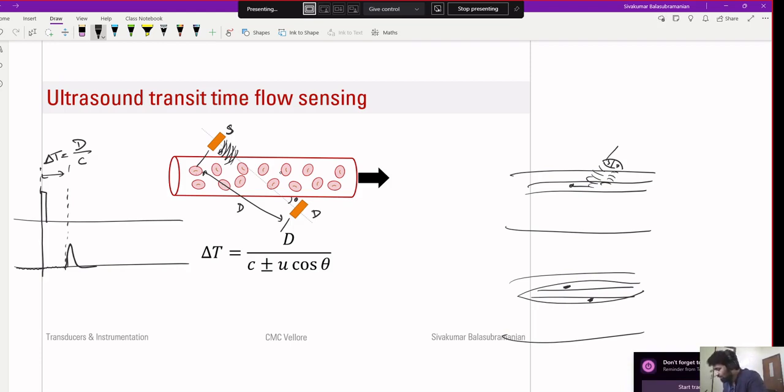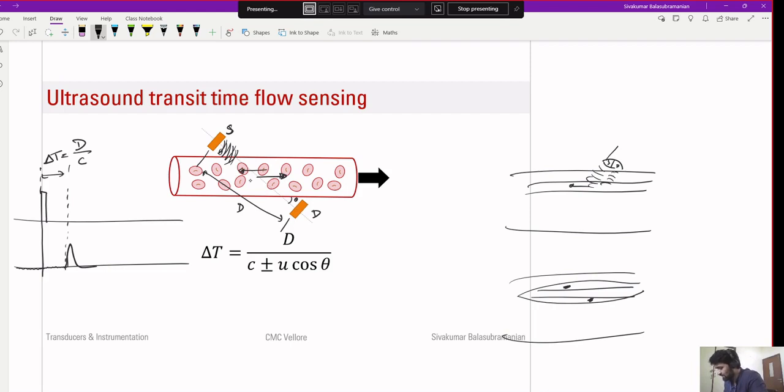But what will happen now if blood is flowing through this? See, what will happen is that the waves that impinge on your blood will be carried, additional velocity will be imparted on them by the flow of the blood. If blood is flowing in this direction, the waves will arrive faster at D. If blood is flowing in the other direction, if this is the source and this is the detector, then it will be slowed down.